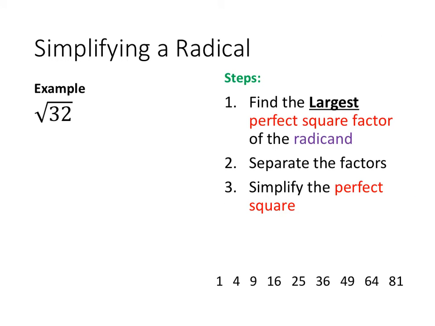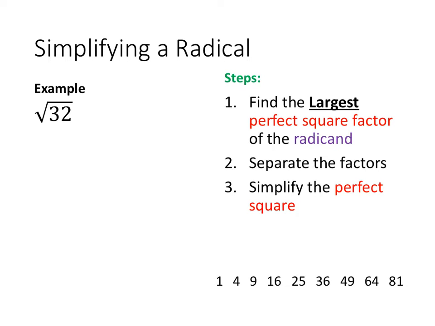Okay, so now we're going to get on to actually simplifying these radicals. Here's our example: we have the square root of 32, and what we're going to do is find the largest perfect square factor that will divide into the radicand. For your convenience, I've written the perfect squares that we're going to be looking for. These values down here are the values we're going to try to divide into.